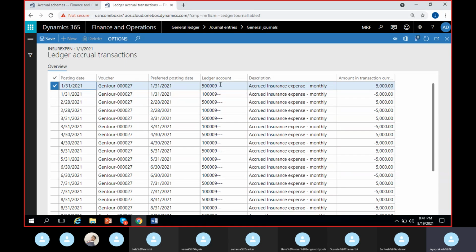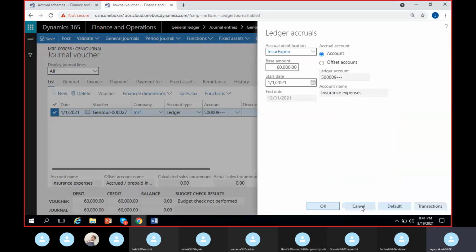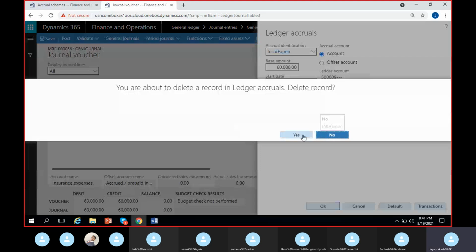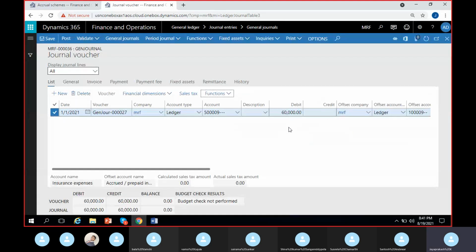It is the same transaction: insurance expense account is being debited and accrued insurance expense or prepaid insurance expense account is being credited. In the same way, whatever 60,000 you are posting, it is breaking into 12 parts, one for each month: 5,000, 5,000, 5,000.